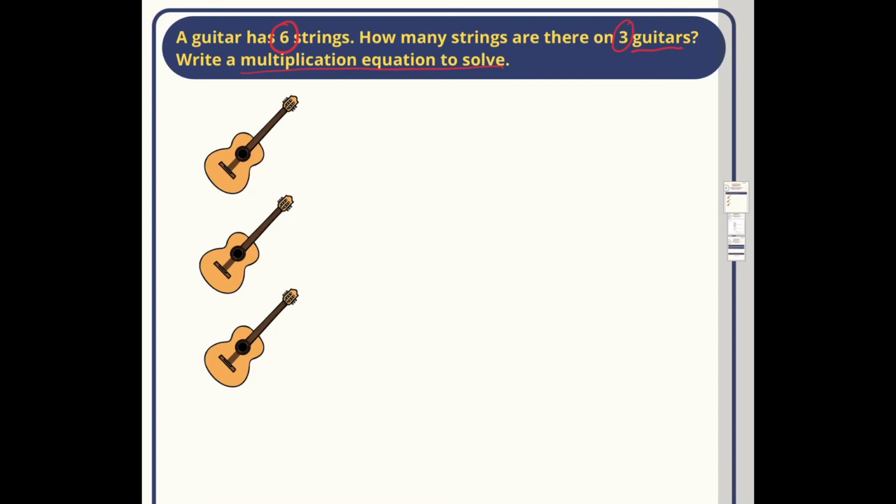So, one guitar has 6 strings. That means this guitar has 6 strings, just like what I showed you earlier. So why don't we draw one box for each string?